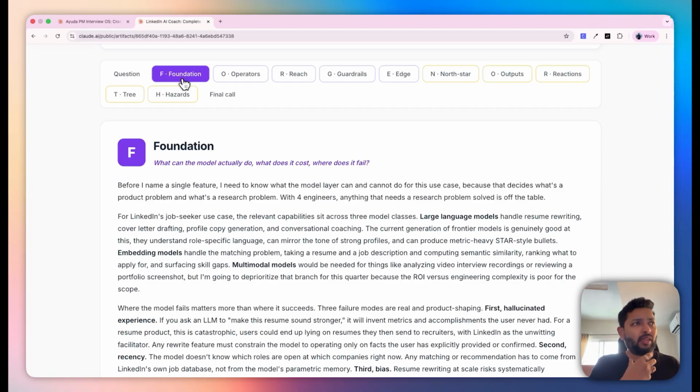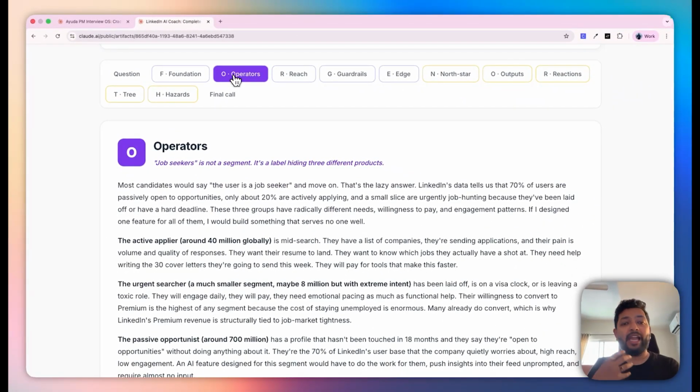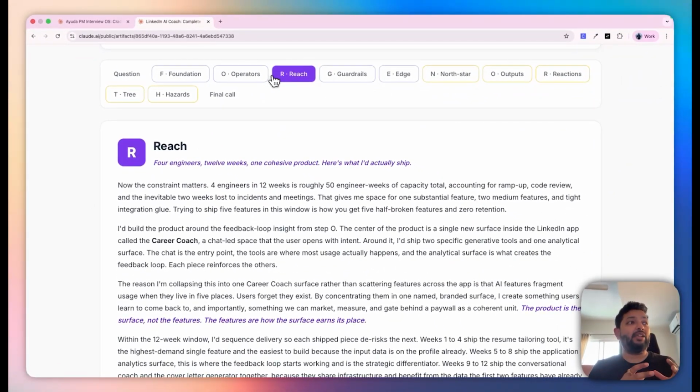Of course, each and every piece of this requires further exploration. Foundation requires you to know really, really well about models. Operators require you to know a lot about your kind of users, how you break down those users, how you understand whether they are right or wrong. Reach requires you to know what it is that you have to reach, who are the kind of users that you have to reach out to.